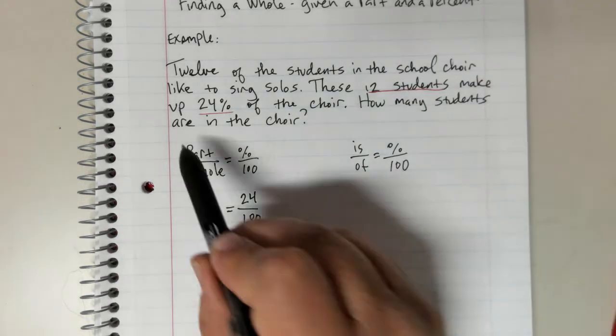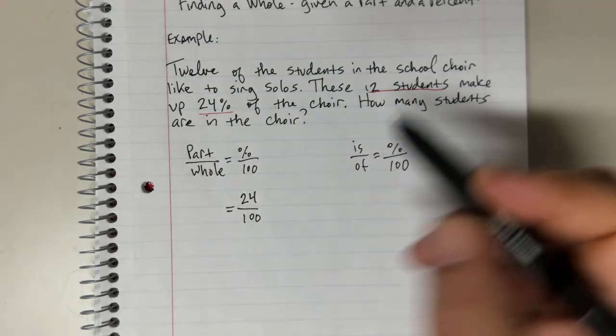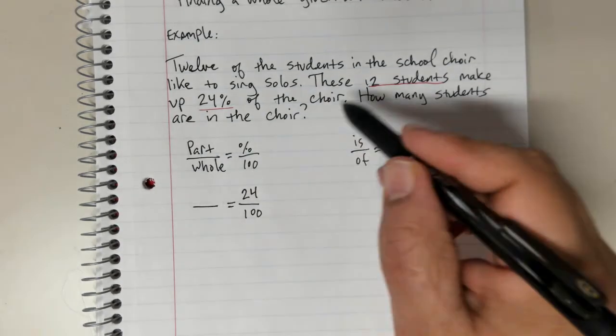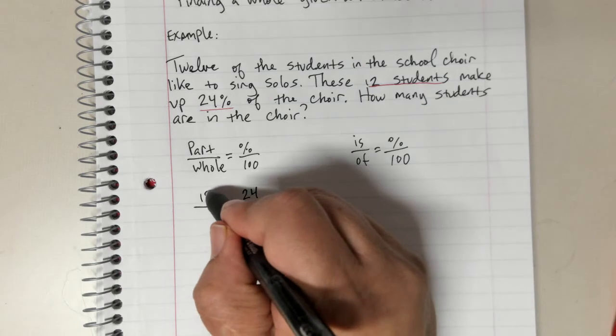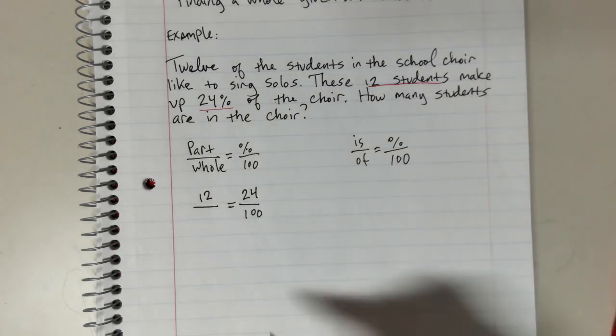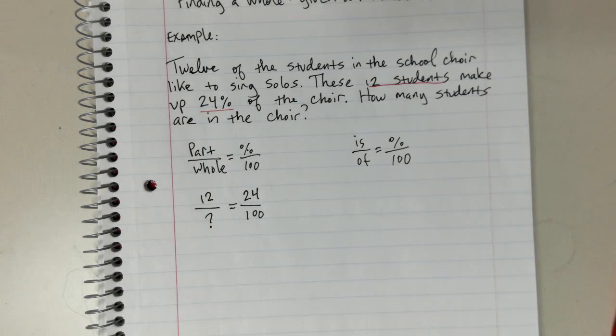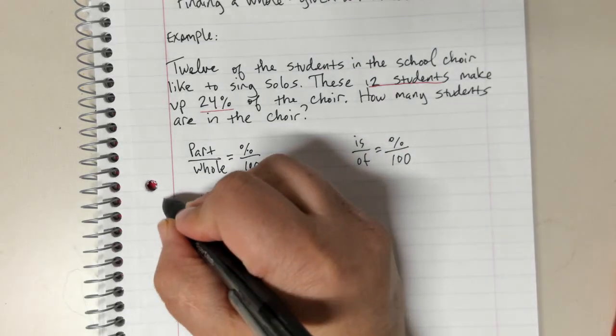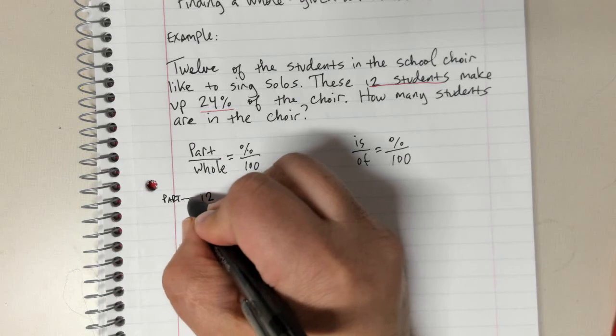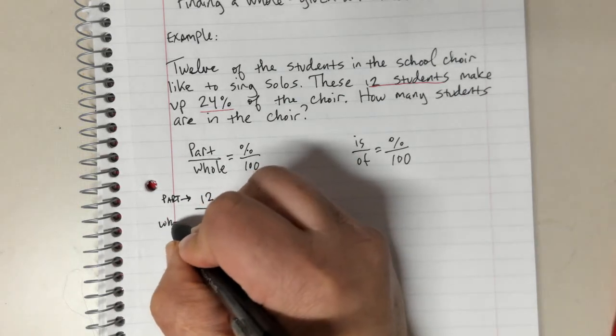It says how many students are in the choir. That's the whole. We don't know that. So the part is 12. I'm going to put that in the part section, and I'm looking for this answer. So remember, this is the part, and we're looking for the whole.